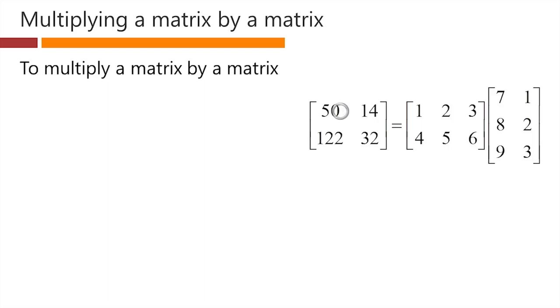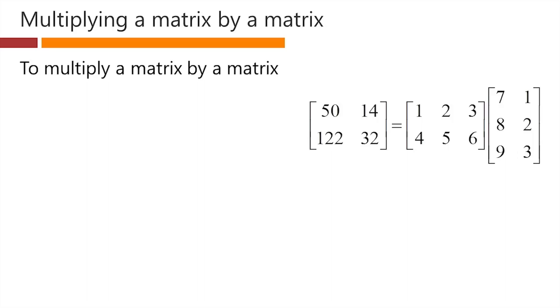So these first two elements here on the left column are indeed the ones we just worked out. This one here, the 14, is the result of taking this vector 1, 2, 3, laying it across the top, doing 1 times 1 plus 2 times 2 plus 3 times 3, and that gives you 14. And similarly, the 32 is 1 times 4 plus 2 times 5 plus 3 times 6.